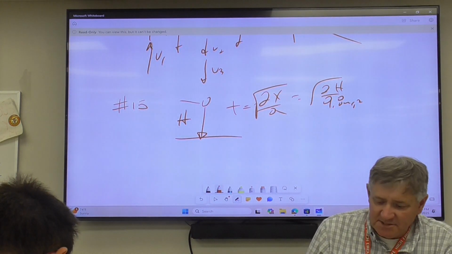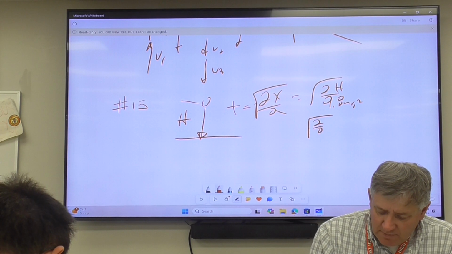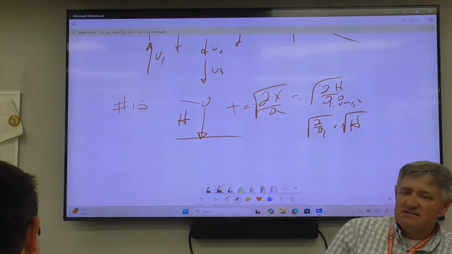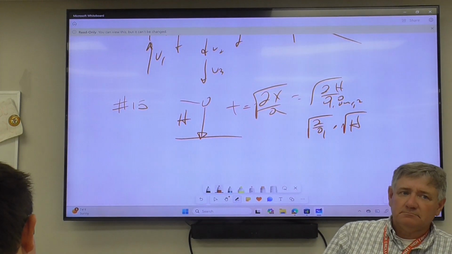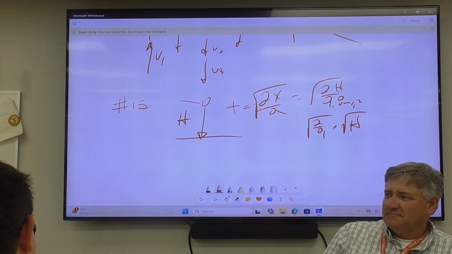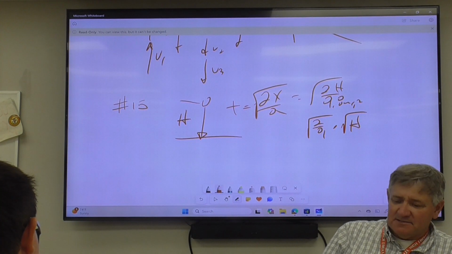So here's where the magic happens. Can I write that as the square root of 2/9.8 times the square root of h? Is that legal mathematically? Absolutely it is.